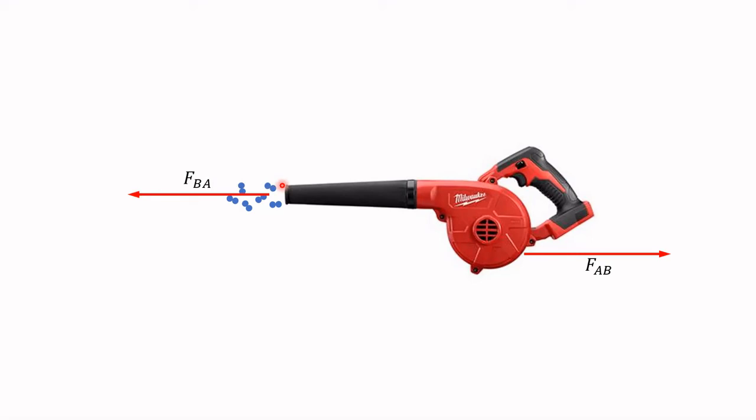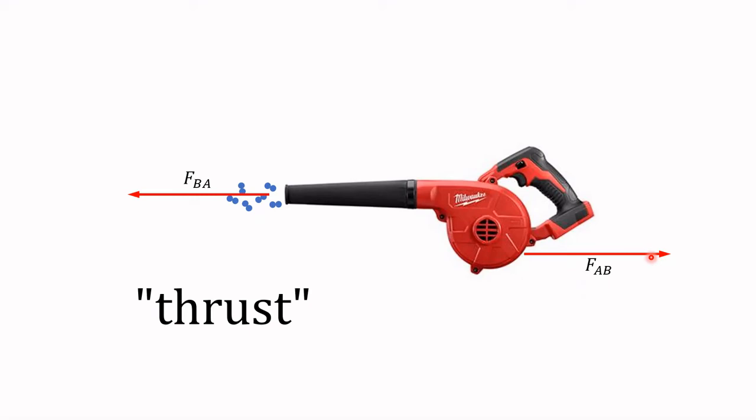So if this blower is applying a net force of 25 pounds to the air as it launches the air out the tube, then there must be a reaction force. You could even call it a recoil force on the blower backwards. And anybody who's used a blower, I'm sure, knows that. You could call the backwards reaction force on the blower thrust, which is a suggestive word because we know that rockets experience thrust.